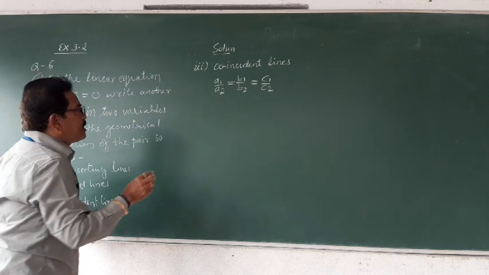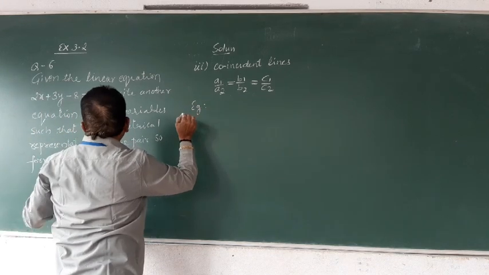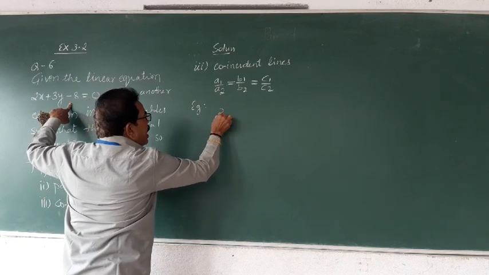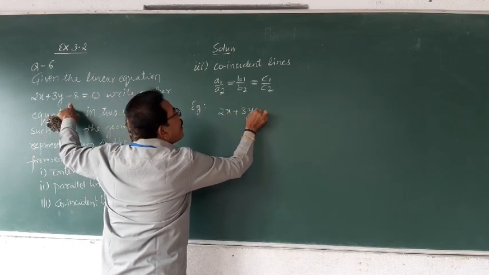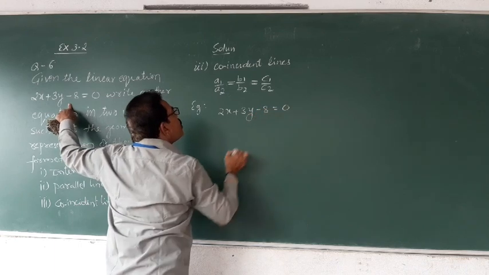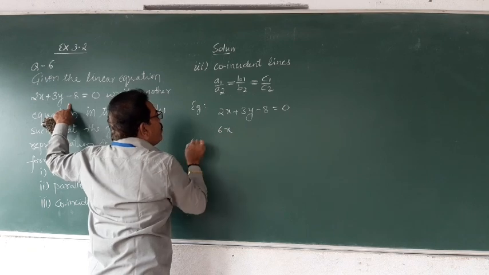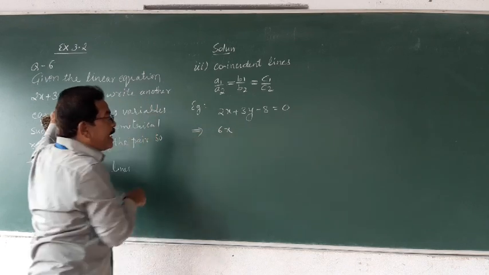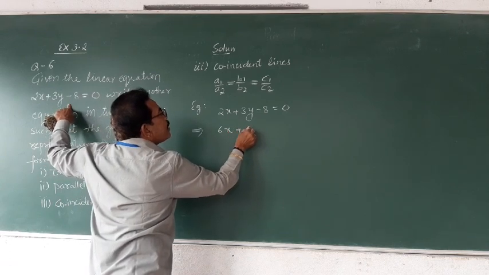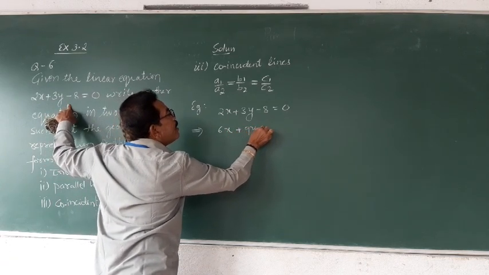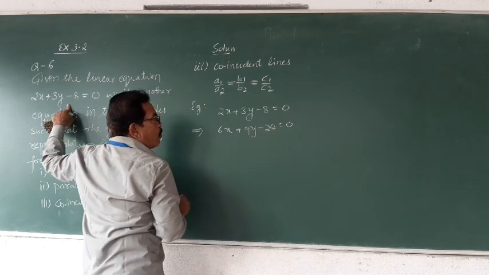So let us write the first given linear equation, 2x plus 3y minus 8 equals to 0. Then I will write one more new equation, 6x plus 9y minus 24 equals to 0.